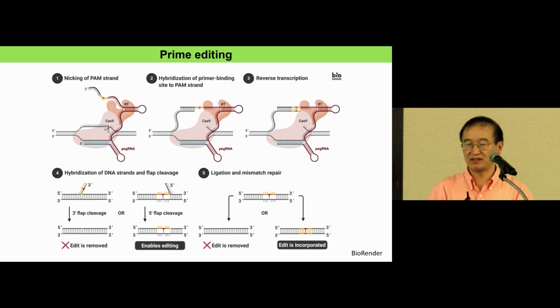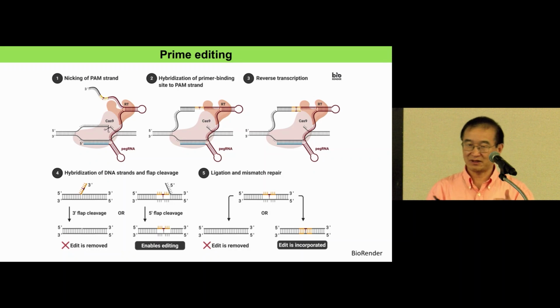And the second part is the reverse transcriptase template, which could contain the base pair change which we need. That could result in insertion, deletion, substitution, and all sorts of conversions and transversions of the base change. So that's very precise, but there are some limitations. The limitation is how large the insertion could be for knock-in, and how large the deletion could be. So there are some limitations.